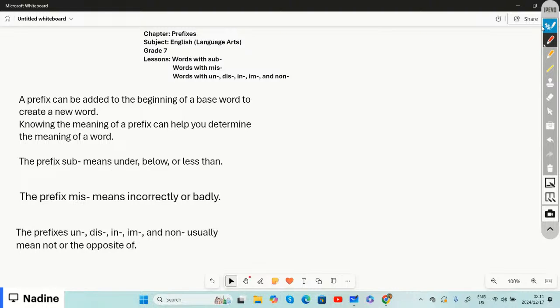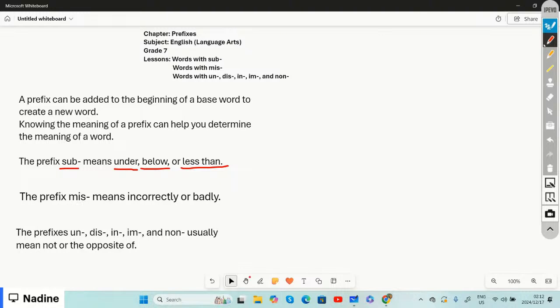And now we're going to find out about words with sub, mis, and dis, im, in, and non. So the prefix sub means under. Think of subway, submarine. It means under, or you can even say it means below or less than.